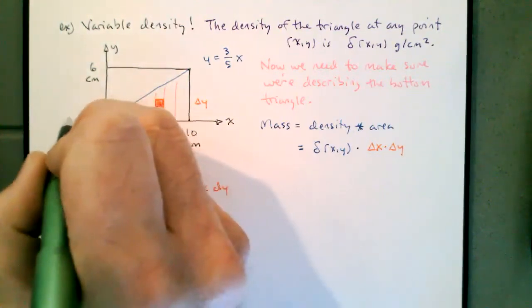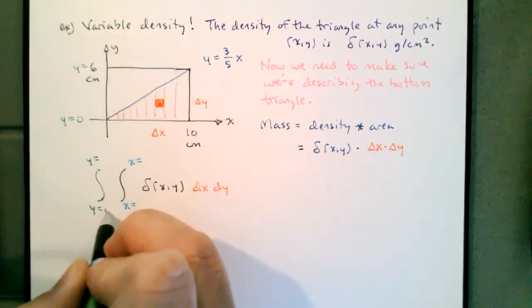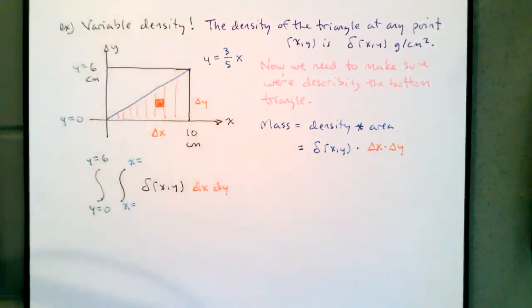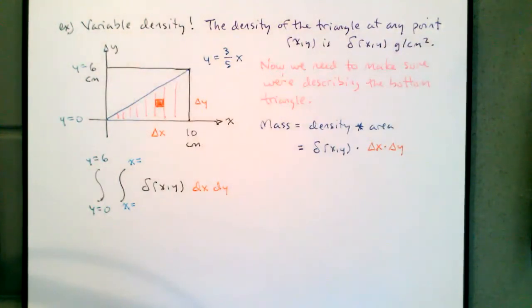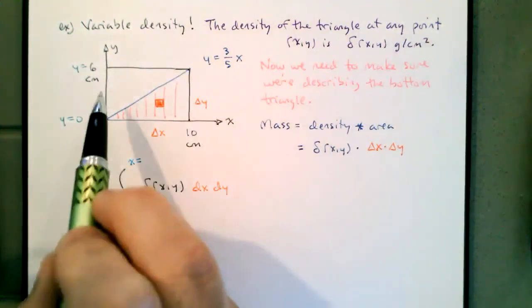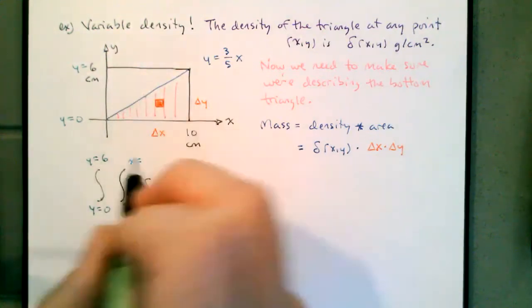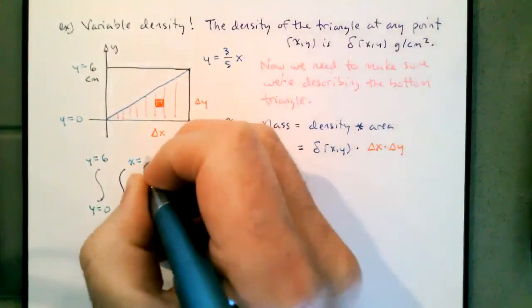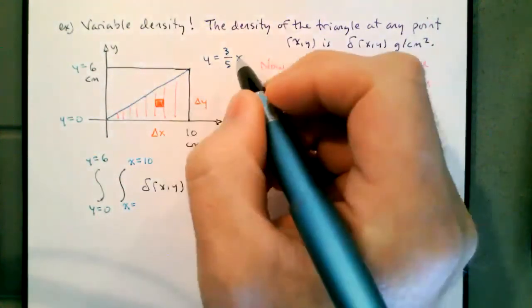So if I start from the outside, y goes from 0 to 6. I want my last integral to be constants. Y goes from 0 to 6. If I pick a typical x value, x starts at one point and ends at 10. So y is 3/5 x.